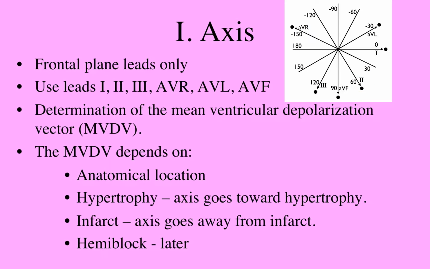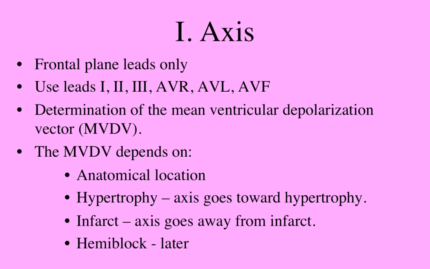We'll determine how to find where the axis is from the EKG. But first, the MVDV could depend on the anatomical location of your heart. Is it tilted a little bit one way or the other? A lot of times in pregnancy, the heart will tilt more to the left, as the uterus pushes the heart up to the left.